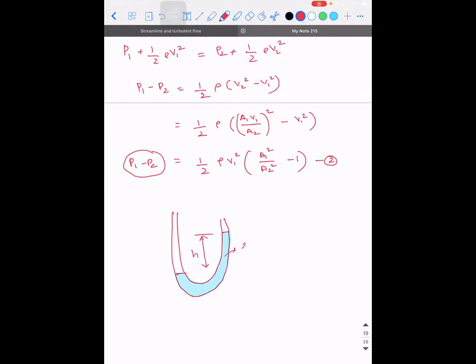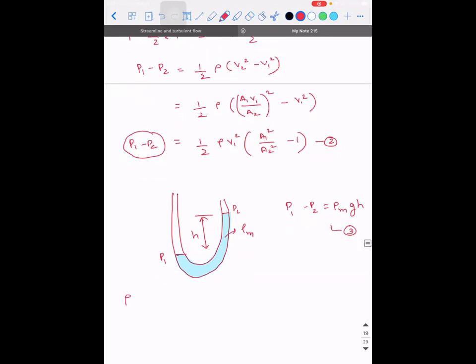And what is the density of the liquid here? Rho m. The pressure here is P1 and pressure here is P2. What is P1 minus P2 equal to? Because P1 is more, P1 minus P2 will be equal to rho m into g into h. Accepted? This I already explained when I explained the manometer concept. Right?